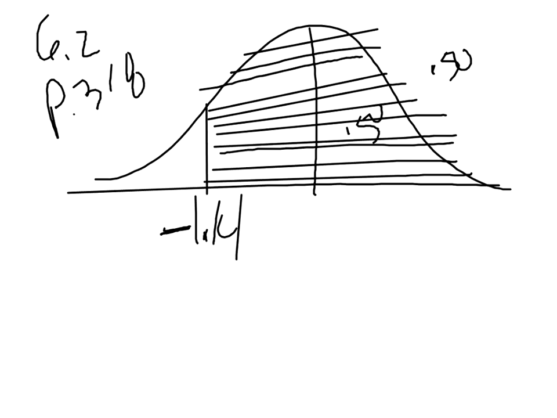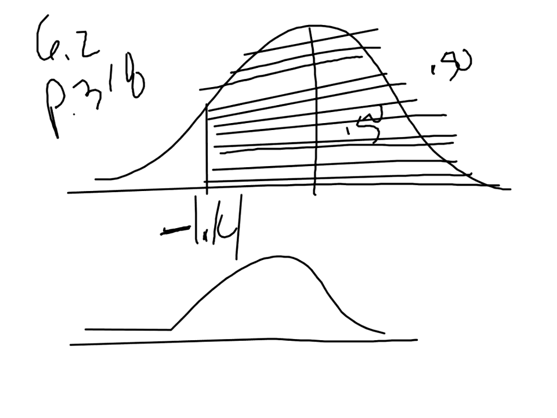The way they approach it is we keep in mind that everything under this curve adds up to 1. When you use the negative z-tables, they give you the area to the left of the z-value. In other words, you can read directly what this area right here is.